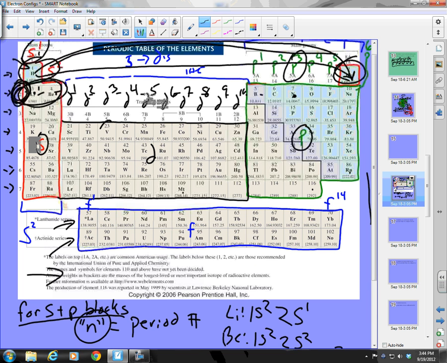Here's our vanadium, right? It is in the D block. It would be a D3. Now, what period is it? It's fourth period. So I'm going to take my fourth period -1, meaning my N for vanadium is going to be 3. And so that means the last electron is 3D3.